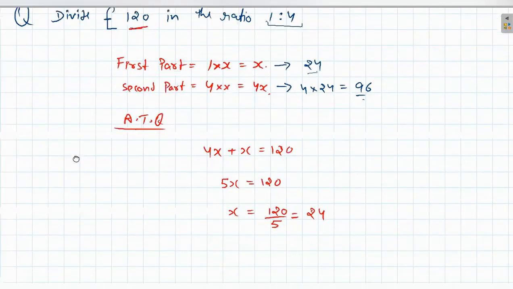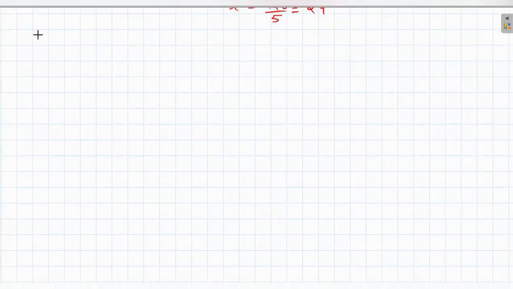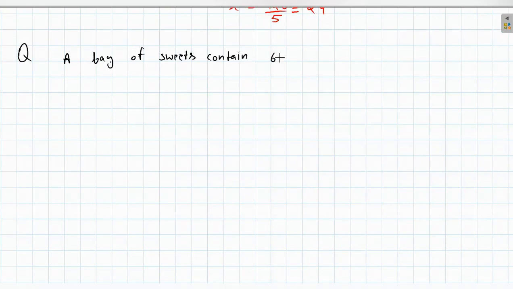Okay, let's move on to a different type. A little bit different, but in the same manner, you have to divide it as well. So I'm saying a bag of sweets contains 600 sweets, or you can say candies.